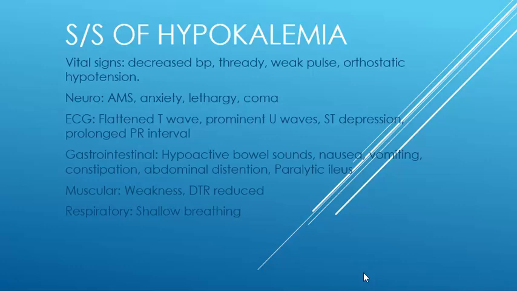Their ECGs, you'll see a flattened T wave, a prominent U wave, ST depression, and their PR intervals will be prolonged, which can be very dangerous. Their GI, they'll have hypoactive bowel sounds, nausea and vomiting, abdominal discomfort, and paralytic ileus, which just means that their bowel, there's not a whole lot happening within their GI tract.